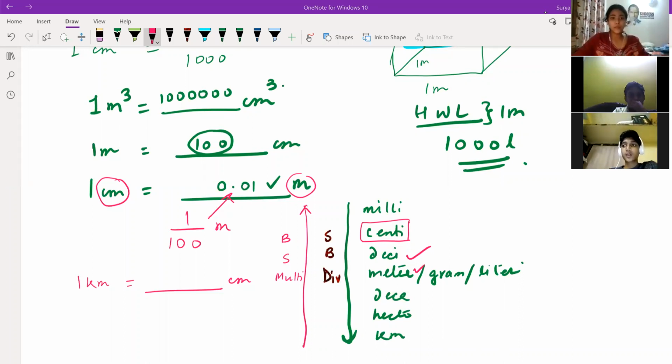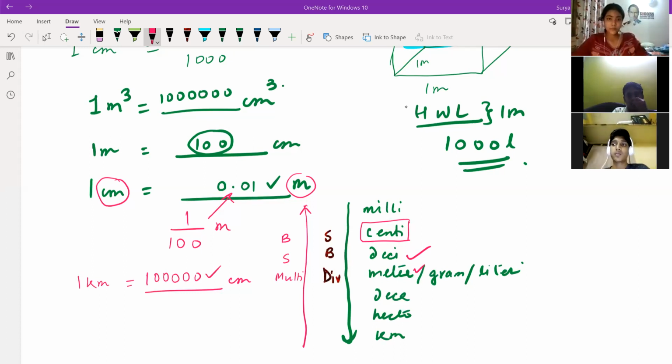Sorry, I could not unmute. Sir, 10,000. 10,000 or what? Kilometer up, you are going 1, 2, 3, 4, 5. So 1 lakh will come. Tejaswar gave the correct answer.